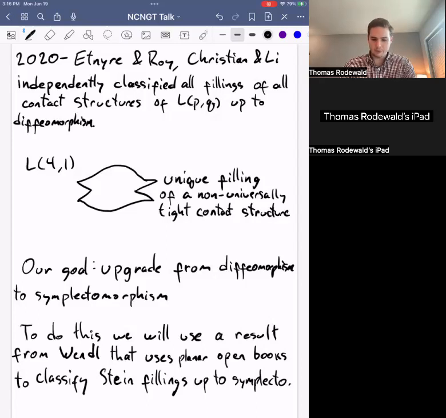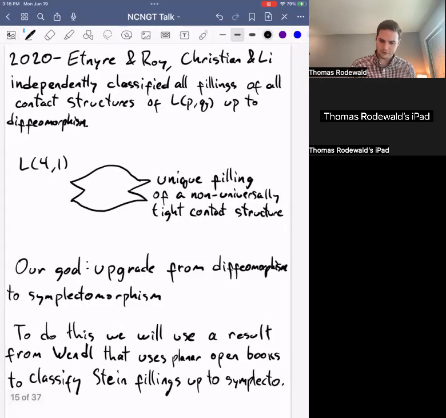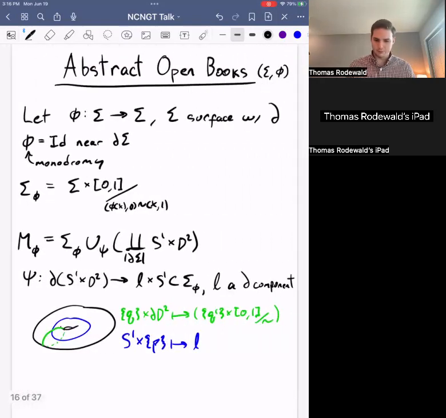So naturally, we would like to upgrade from diffeomorphism to symplectomorphism. In order to do this, we're going to use a result from Wendl that uses planar open books, and planar here means the disk with a certain number of holes removed, to classify Stein fillings up to symplectomorphism.